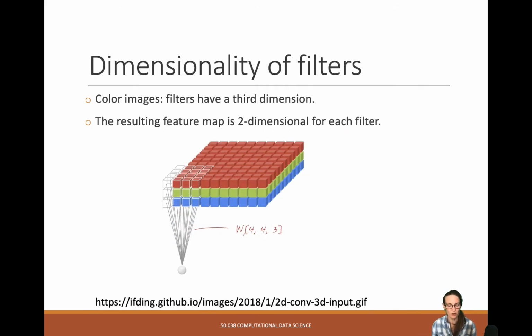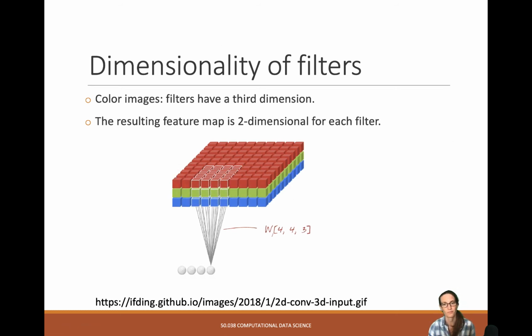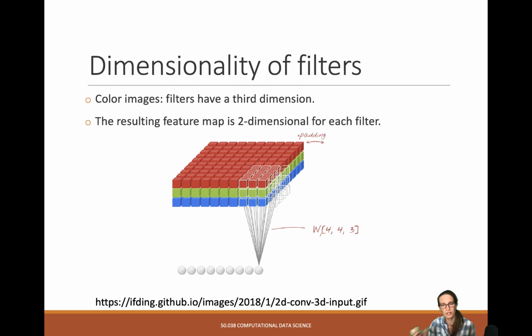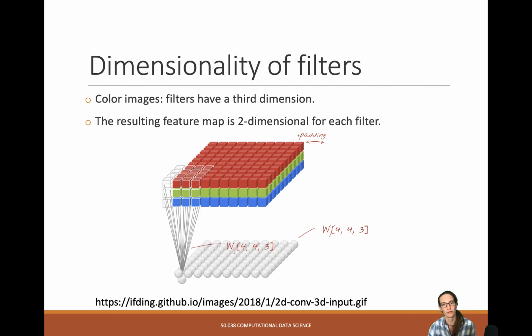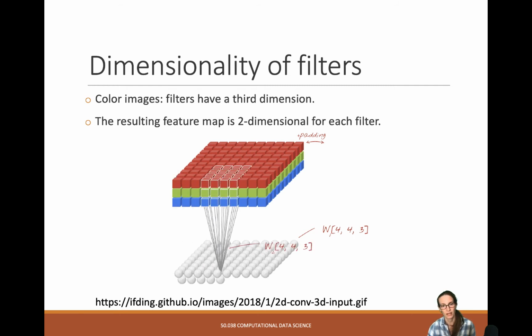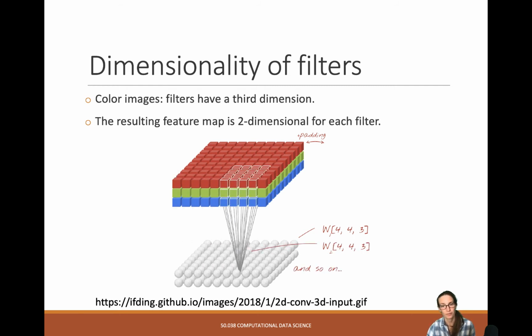Here's an animation of how the convolutional operation happens if you have 3 channels in your image. For each time we do our sliding window, we get one element from the convolutional operation. And for each new filter, we get a new layer or channel in our resulting feature map.